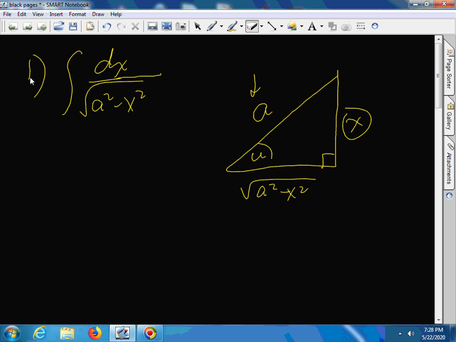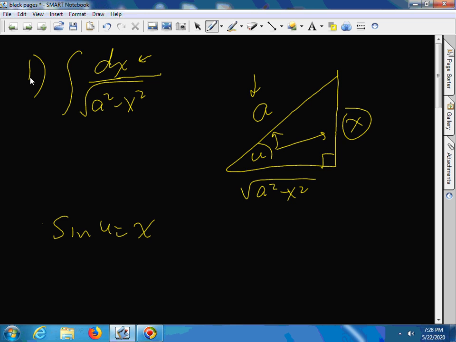Okay. So, we like a trig, so we want to solve for dx. I'd love to know what x equals. And I can see a fairly simple trig function like sine of u. It gives me x over a.